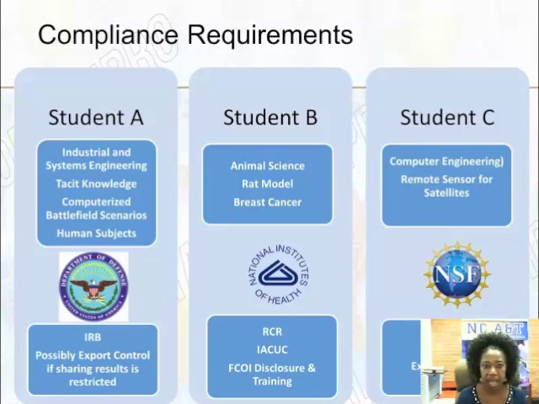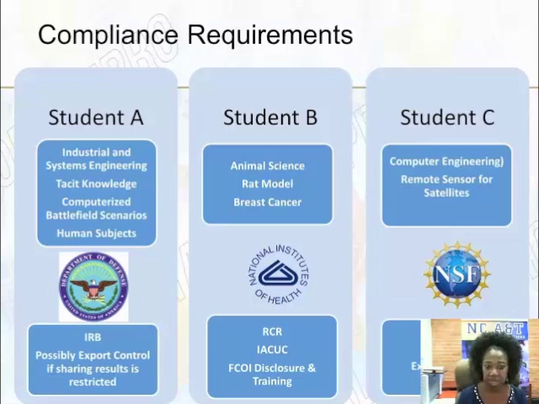Now that we have gone over the various areas of compliance, let's use some scenarios to help you understand what may be required of you in certain situations. So we have student A, who is an industrial and systems engineering student. He is studying tacit knowledge and using computerized battlefield scenarios for human participants to sit at a screen and make decisions based on the scenarios that they see on the battleground.